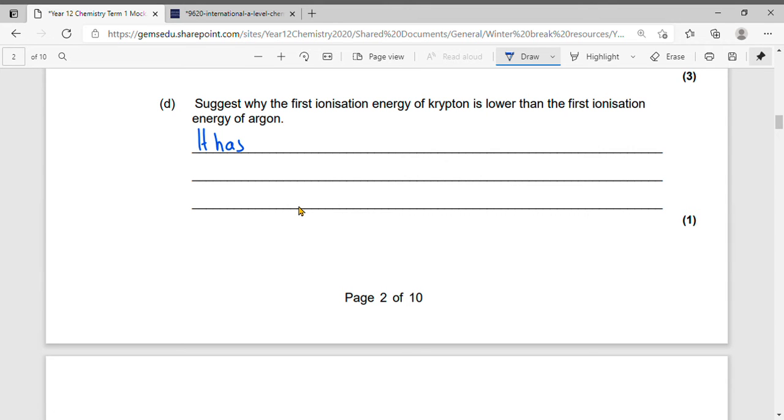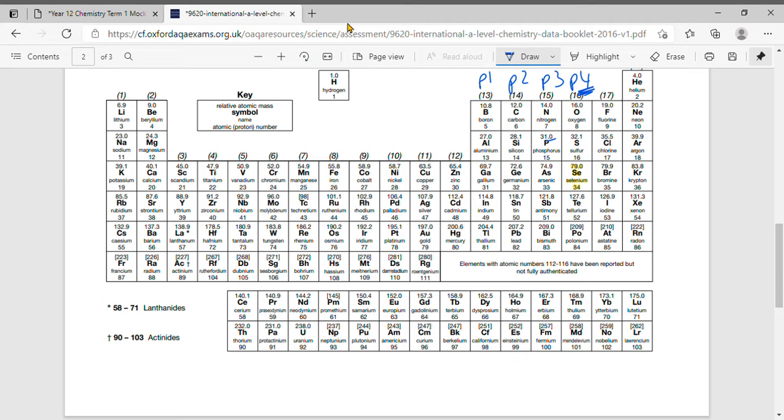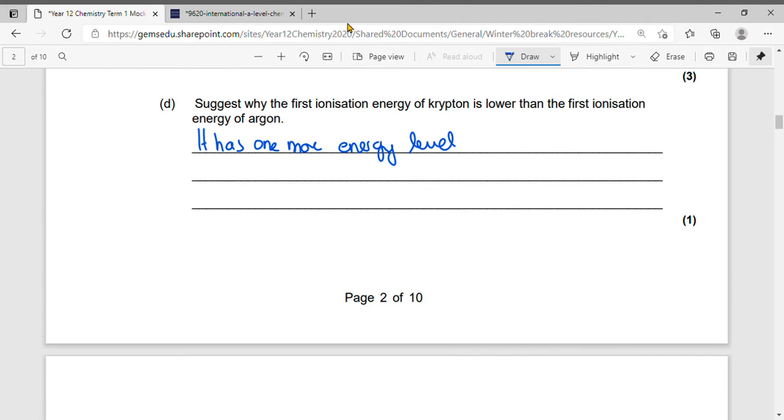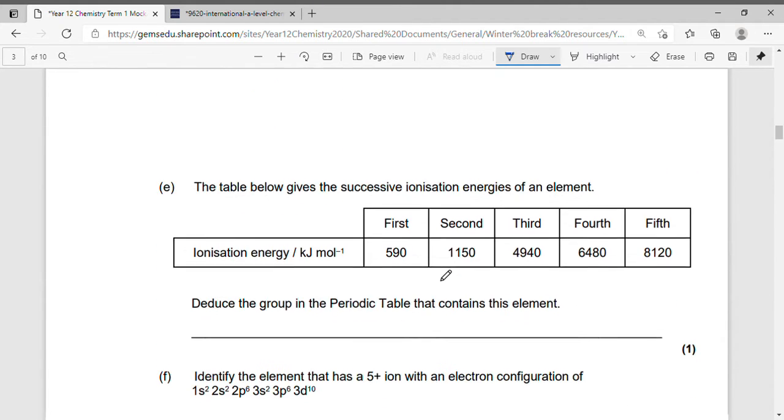It has one more energy level, so more shielding. Less energy required to remove electron. Okay, let's carry on.